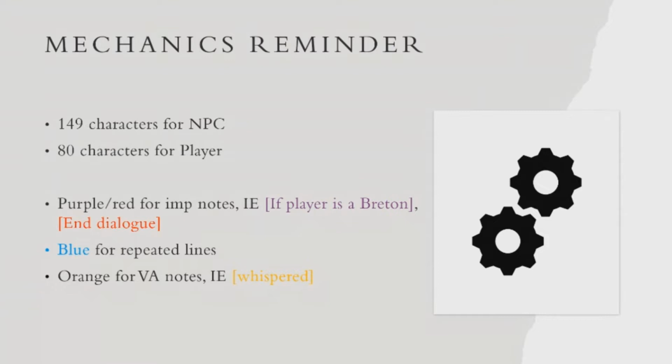In the AU, a lot of people just use purple for implementation notes. That's fine. I use red as well for my dialogue notes. So you'll be seeing that in my examples. You don't have to do it that way, but do know that that's a way to do it. So that's just some quick mechanics. Not most of what we're going to be talking about, but still good to know.